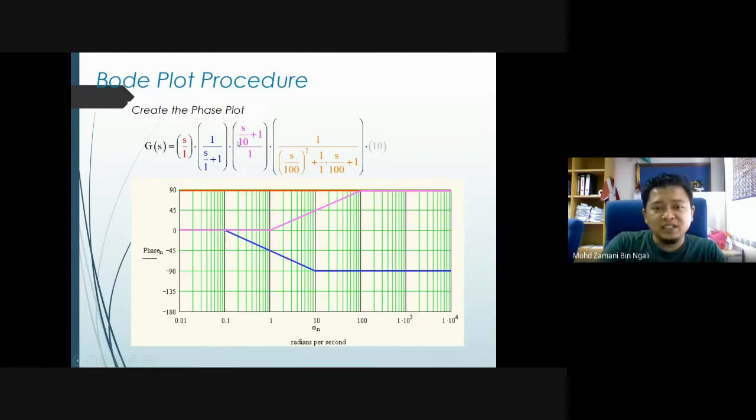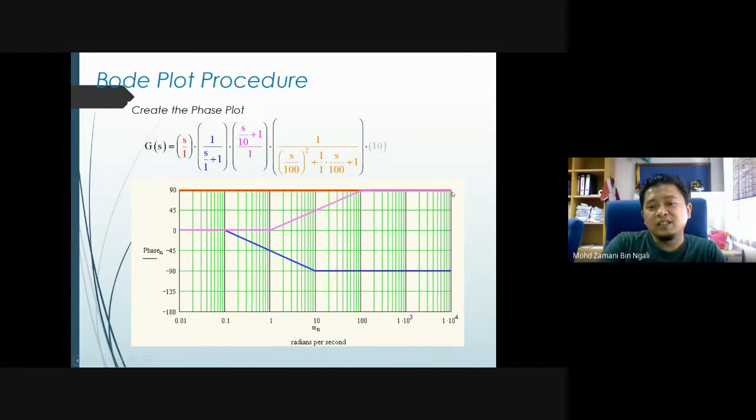Since this is s over 10, it will start 1 decade before, so 1 decade before 10 is 1. It will start from 1 and stop 1 decade after 10, which is 100. Once it reaches 100, it goes back to constant.